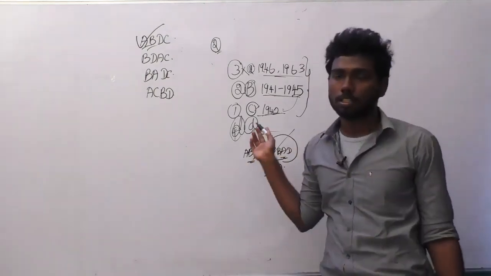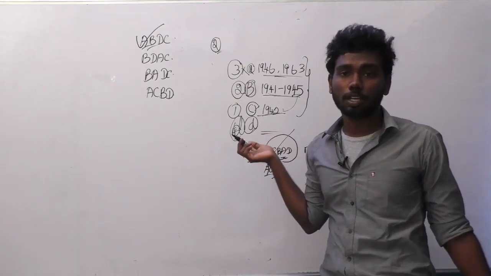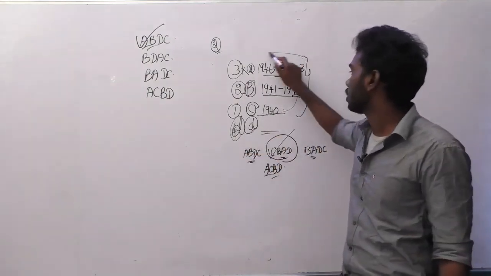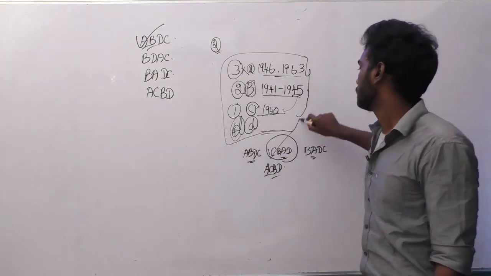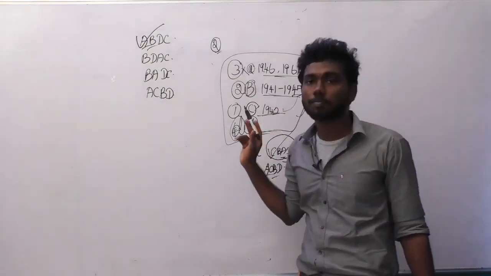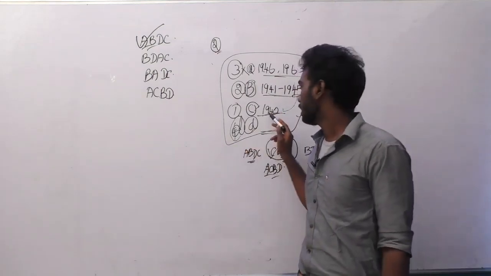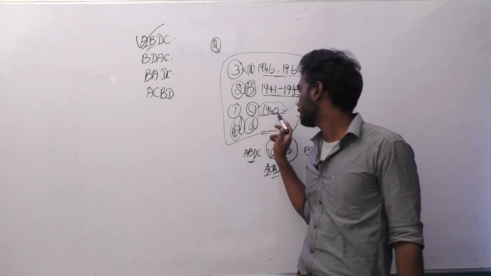So for this type of question, you don't need to know the English also. Just using these years, you can find it as a shortcut. But sometimes, to twist us, they might change the sentence also.